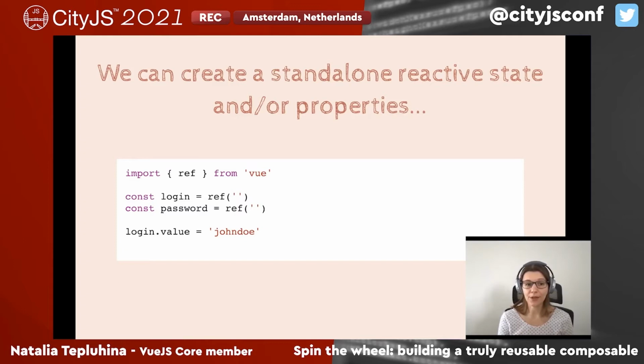With the Composition API, we can create it outside, in simple JavaScript files, using methods such as ref here, which creates a reactive object with a single property value, and this value is reactive, which means when we change it, our application is going to re-render anything depending on this property.